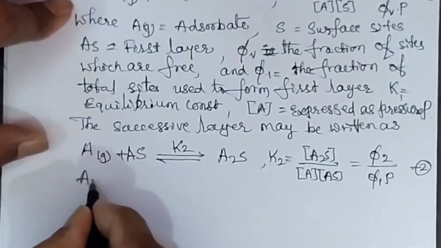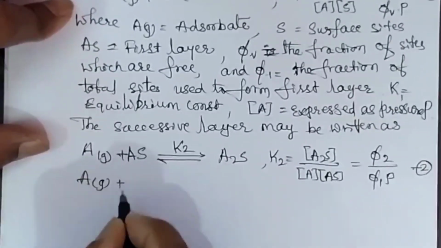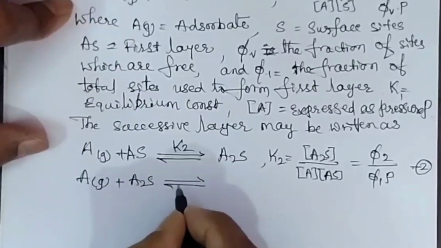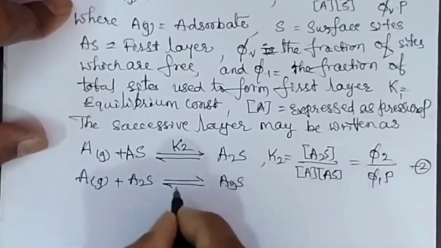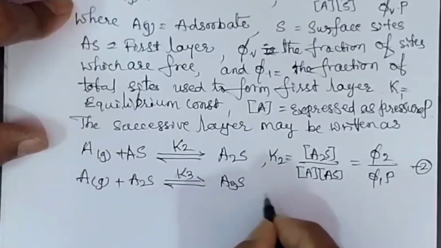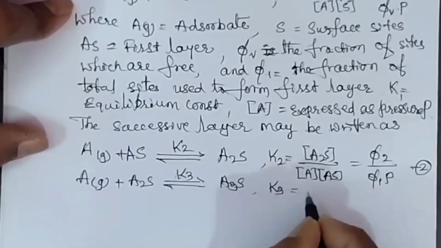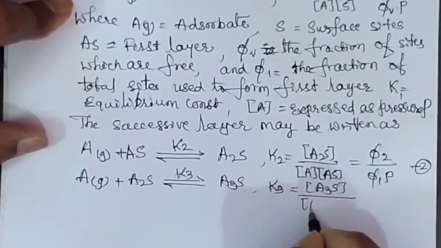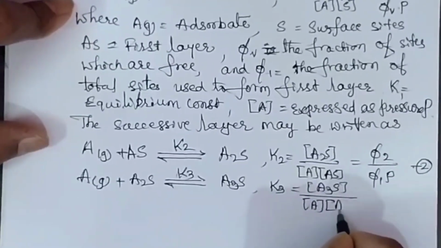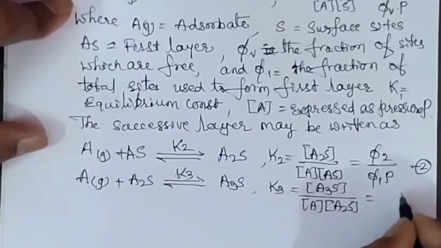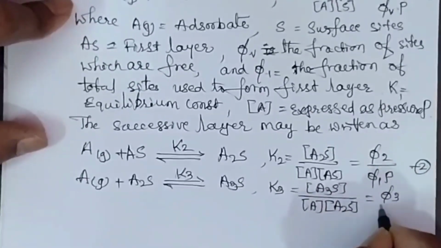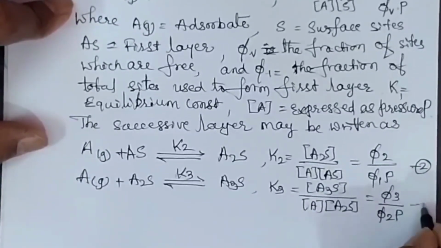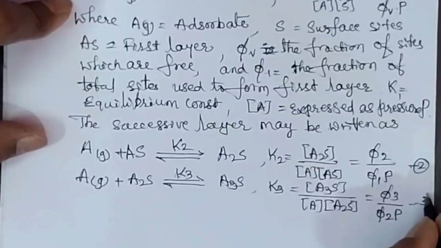Another layer may be formed, that is A gas plus A2S gives A3S with equilibrium constant K3, then K3 equals A3S divided by A into A2S, which is equal to pi 3 divided by pi 2 into P. Suppose this is equation 3.